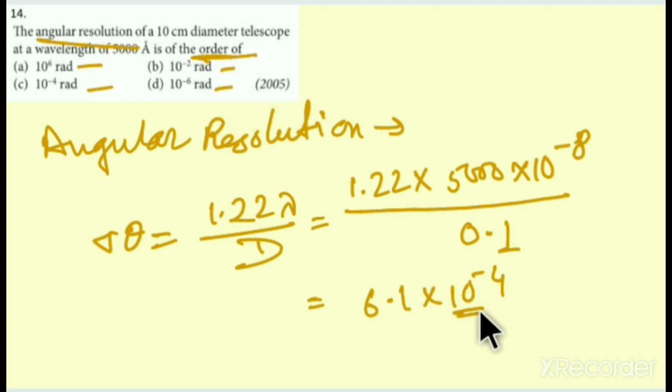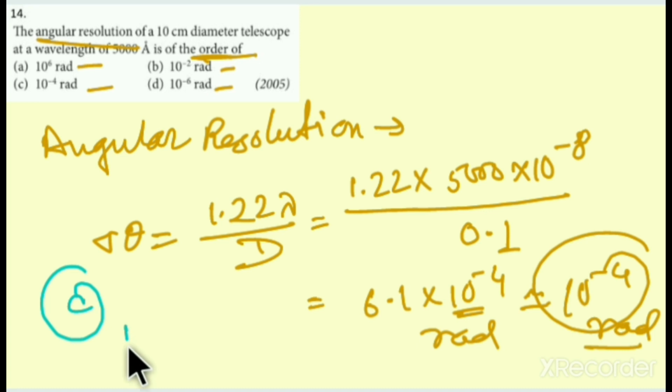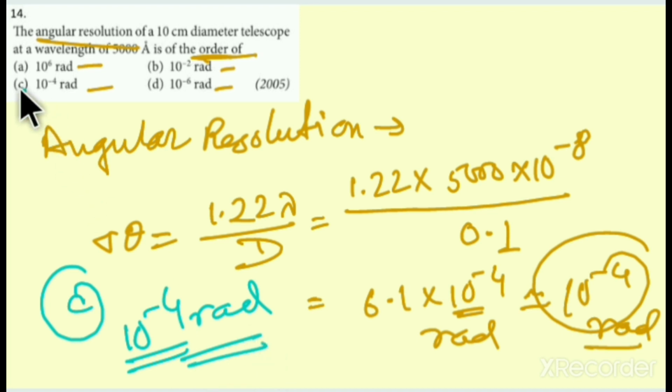So here it is of the order of 10 to the power minus 4 radian. So the answer will be option C, of the order of 10 to the power minus 4 radian. Option C will be our answer.